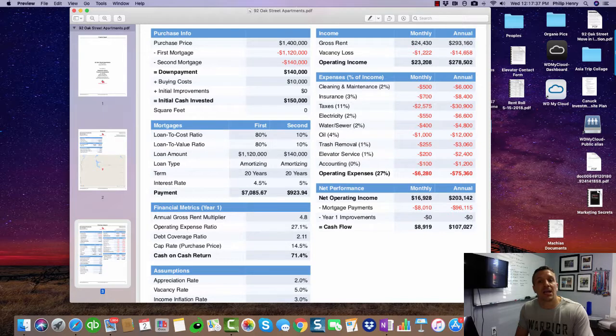So the annual net operating income was about $140,000, and now it's $203,000. It just goes to show that with 2 years of work, increasing rents, repairing stuff, reducing expenses, I've increased the value of this property from 1.4-ish to about 2 million in 2 years' time.